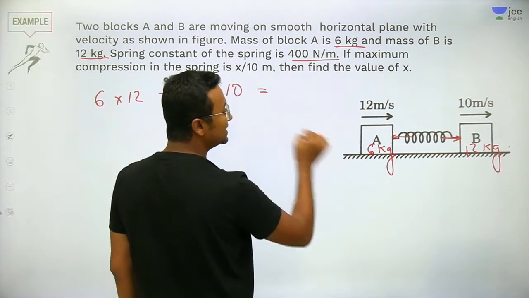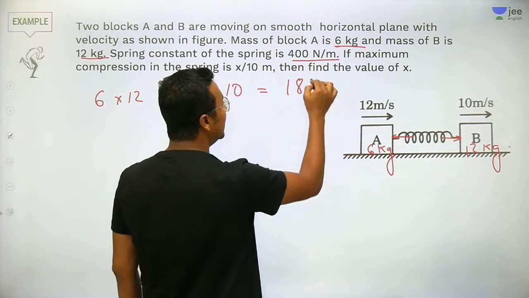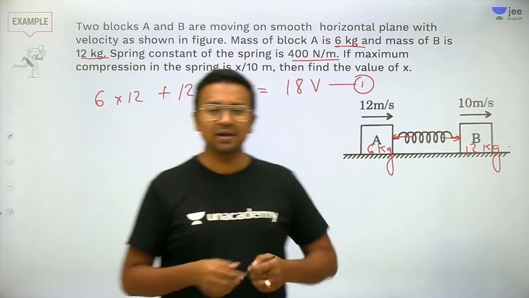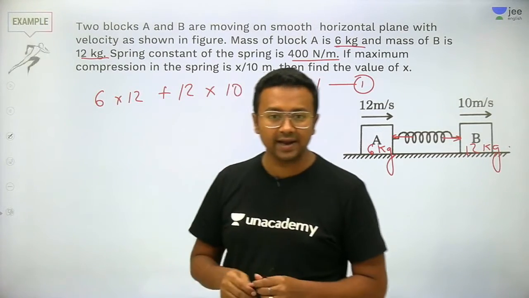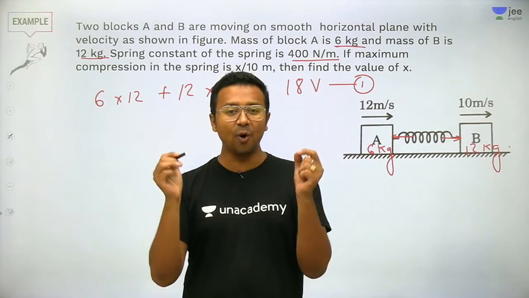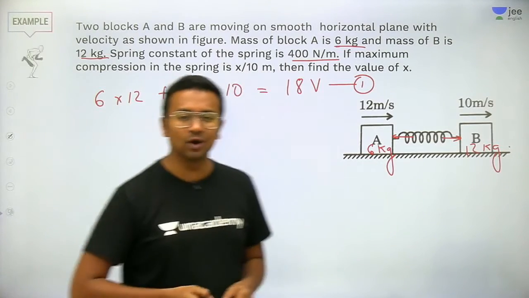Final momentum will be 6 plus 12, 18 into V, because I told you just now that maximum compression will be at the point when both the blocks are moving with a common velocity. Let's say that is equal to V.